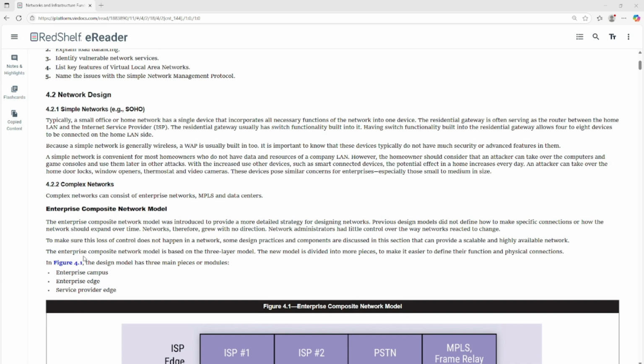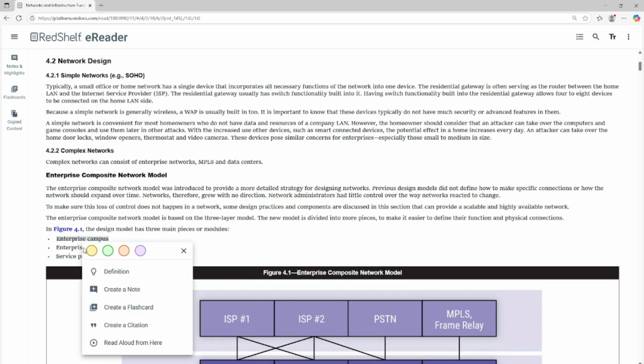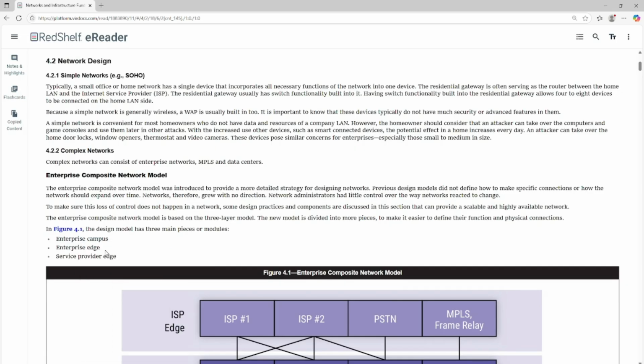In this model, the network is divided into three main areas, or modules, you can call them. You have the enterprise campus, enterprise edge, and service provider edge.